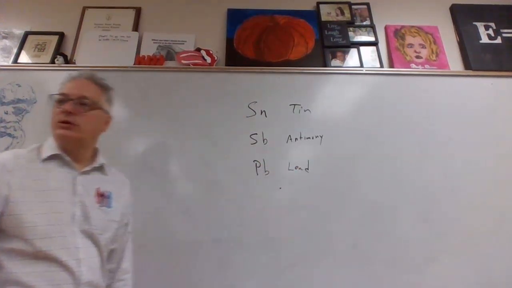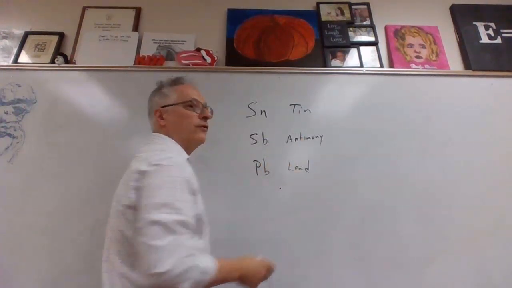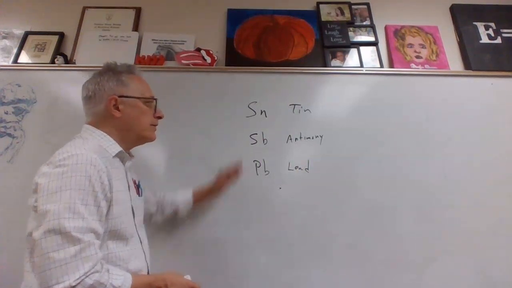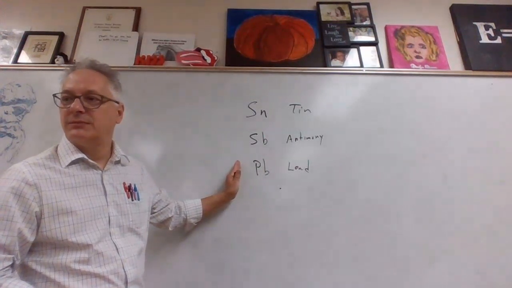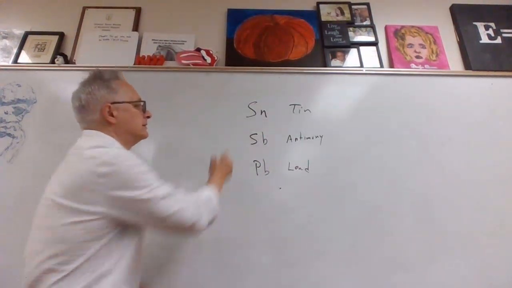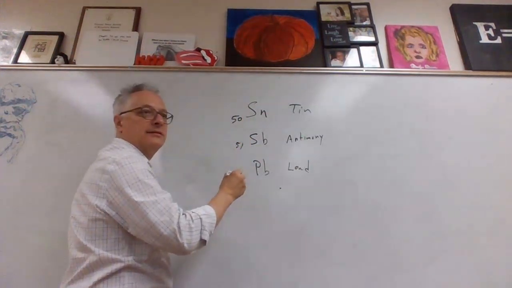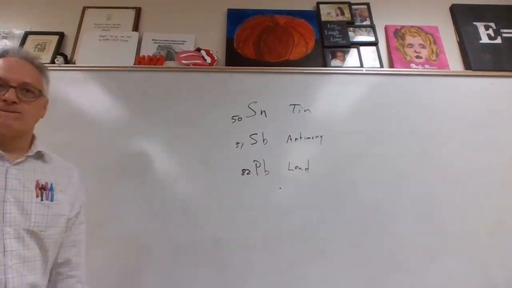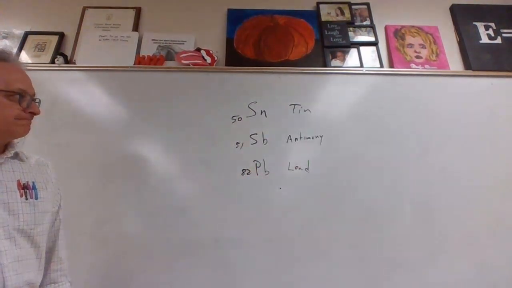They can get more than one charge, usually either +2 or +4. So for these 3 metals, you're going to need parentheses for the names. If you want to circle them, this is 50, this is 51, and lead is 82. Okay, so those are some exceptions.